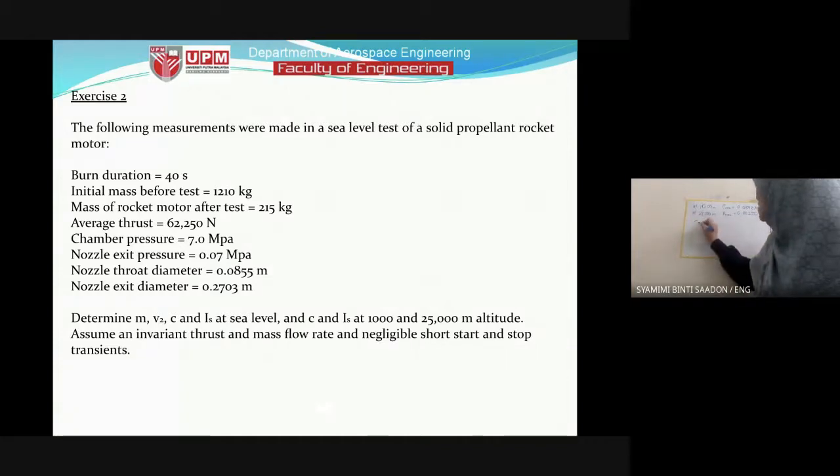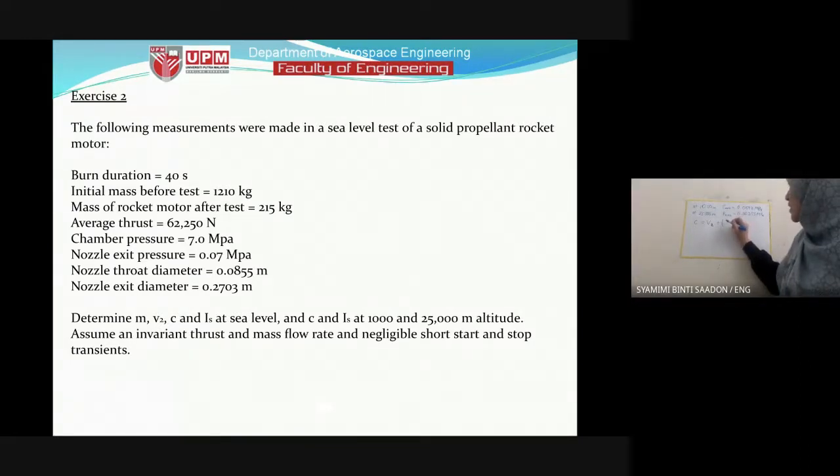So this one, C, for example: the velocity calculated just now, 2,572 meters per second, plus, because we have to take into consideration the different ambient pressure at different altitude.